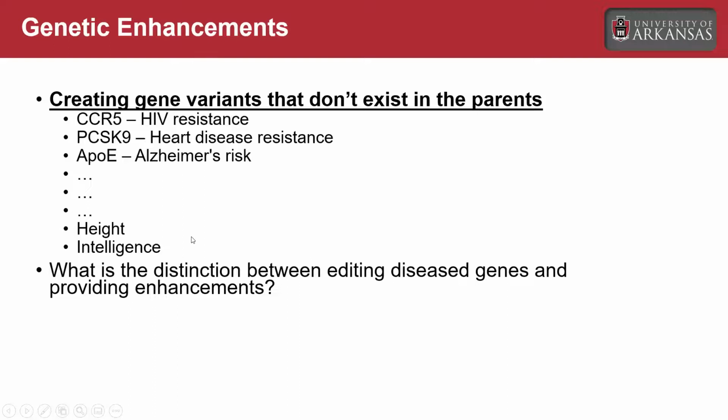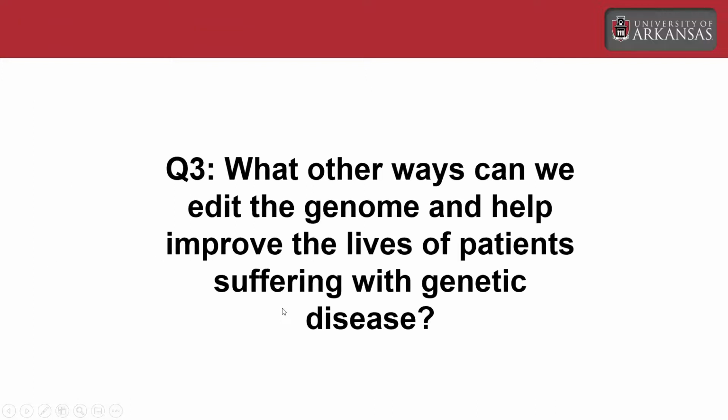And at some point we have to decide what the distinction is, what is fixing a disease gene. And to be clear, all of my work is in the very obviously disease genes category. Sure, we're enhancing their quality of life, but we're not providing these kind of Gattaca kind of enhancements.